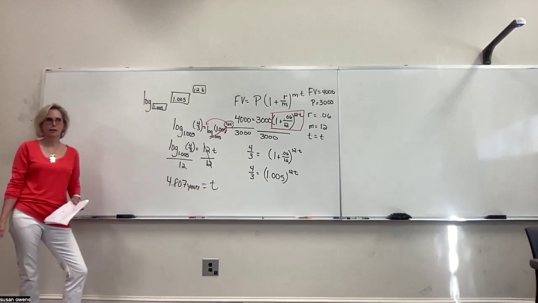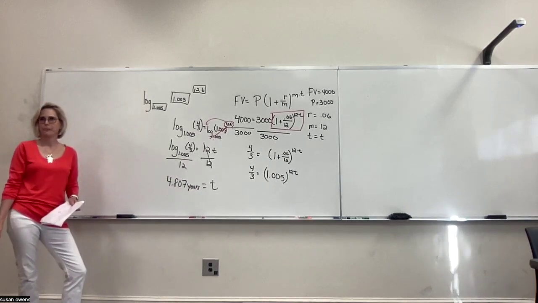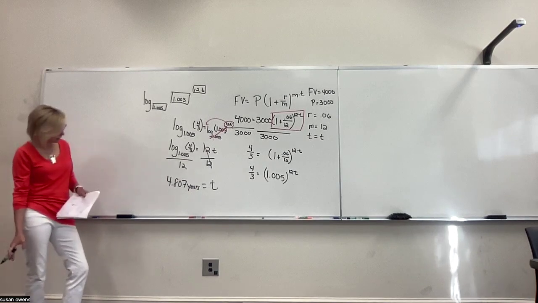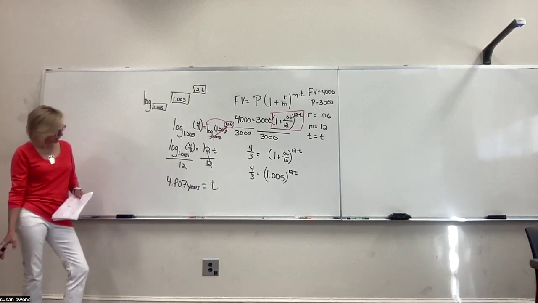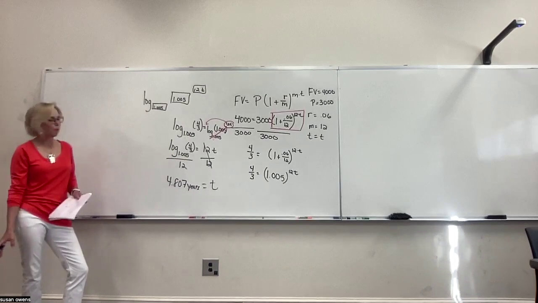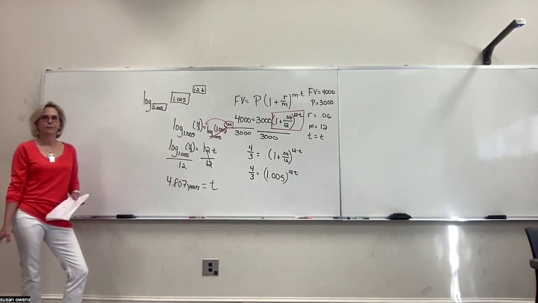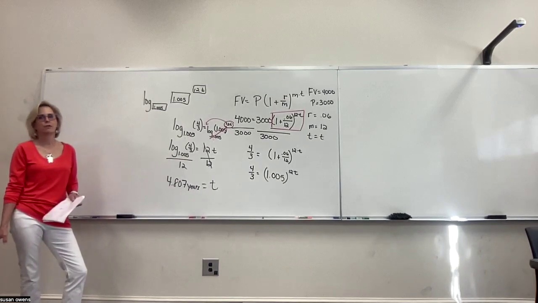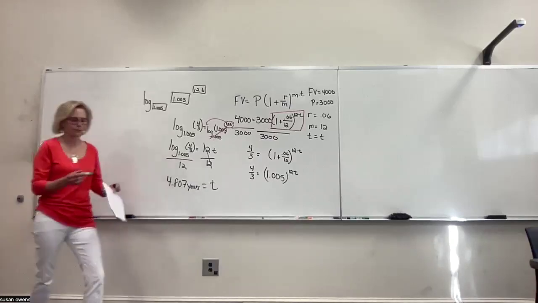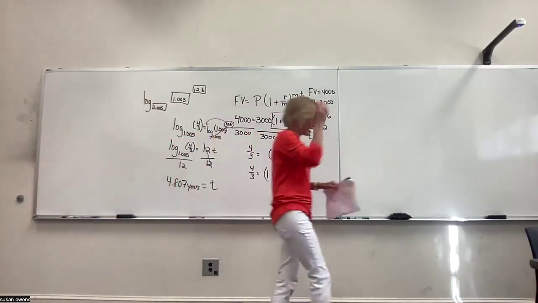Anybody need me to look at a calculator? Anybody need another second? Do you think that if I put 1.3, it will give me a different number? Yeah, it would. Okay, so I need to keep it a fraction. Or do 1.33333333 and put a bunch of them.